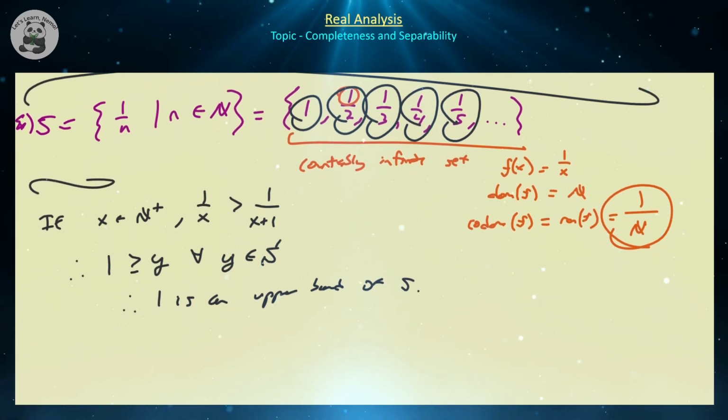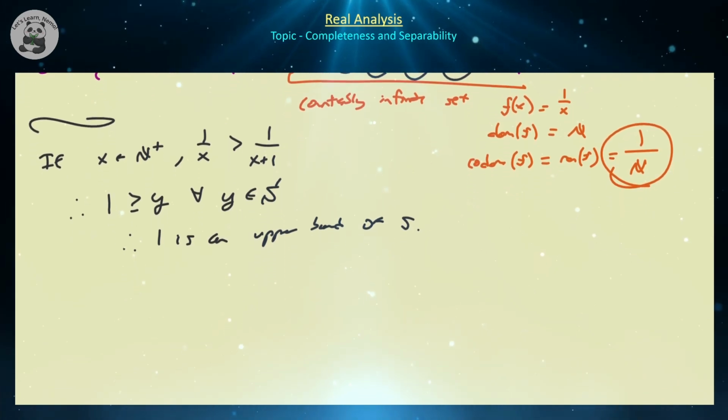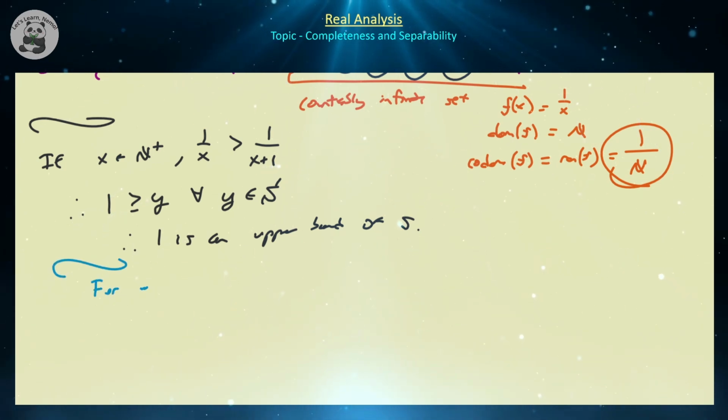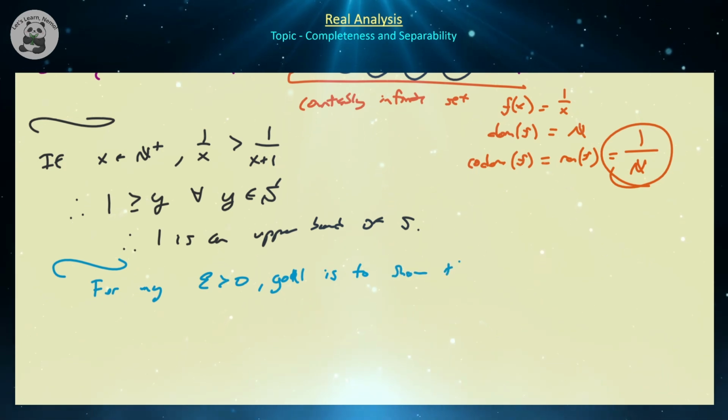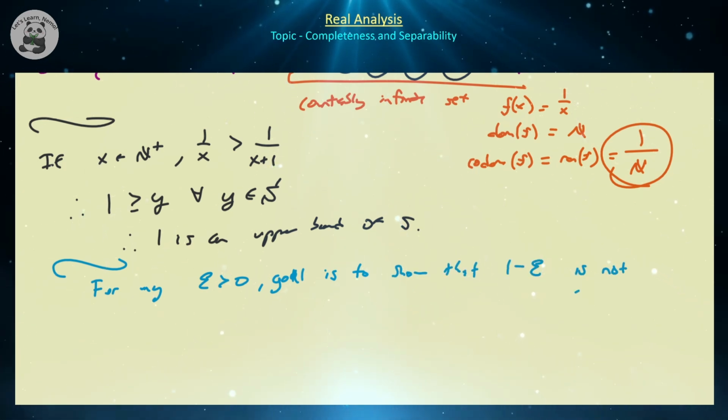Agreed? So if 1 is an upper bound of S, does that imply that it is the least upper bound of S? Not directly, right? So what we need to do is say, okay, for any epsilon greater than 0, our goal is to show that 1 minus epsilon is not an upper bound, right?